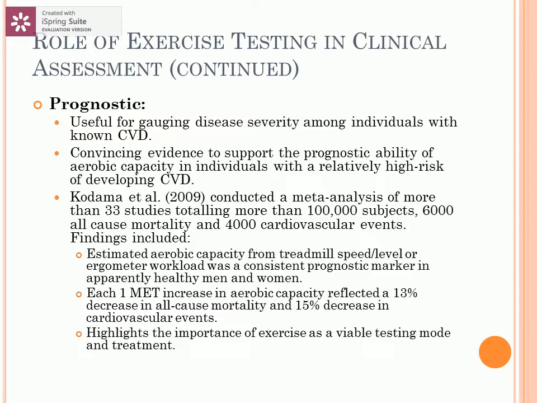He found that estimated aerobic capacity from treadmill speed or level or ergometer workload was a consistent prognostic marker in apparently healthy men and women. Each one MET increase in aerobic capacity reflected a 13% decrease in all-cause mortality and a 15% decrease in cardiovascular events. So this really highlights the importance of exercise as not only a viable testing mode, but also as a treatment.